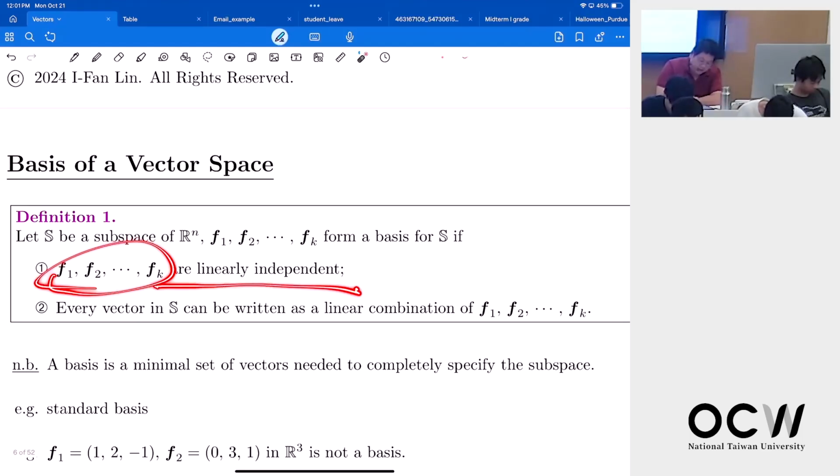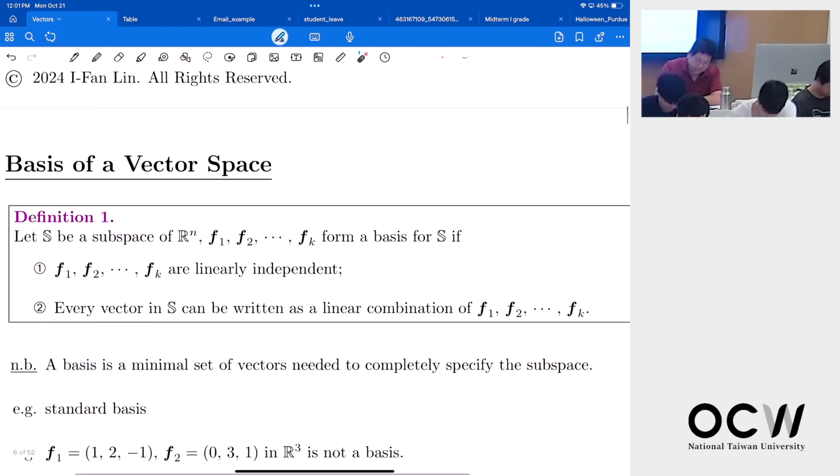Those vectors are linearly independent. I cannot express one of the vectors by others. And the second one, every vector in this S can be a linear combination of your basis.